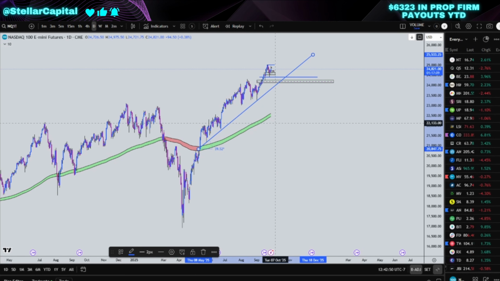This is another good one. Just because you have something steep, this was a super steep angle, doesn't mean you're just going to reverse. You could just go sideways. And notice this kind of just went sideways.